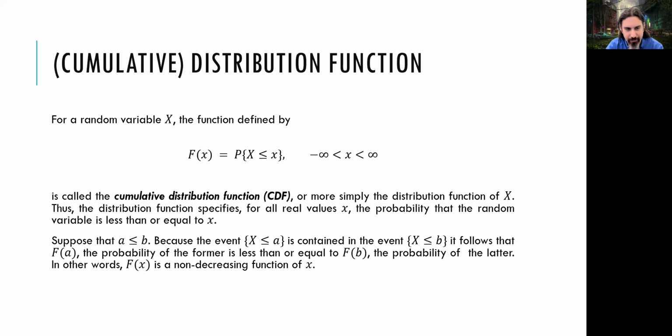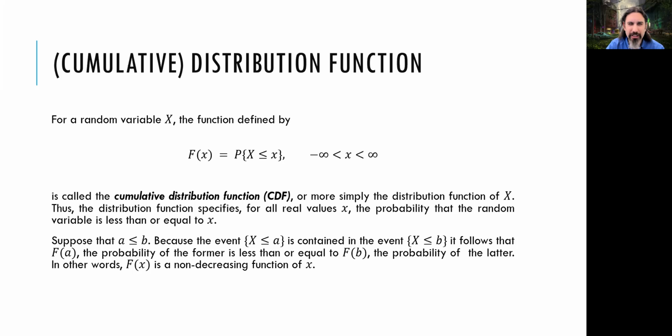The first thing is, suppose that a is less than b, the event x is less than a is contained in the event x is less than b, because a is less than b. So the first one is a subset of the second one. So F(a), the cumulative distribution function at the value a, is less than or equal to F(b).